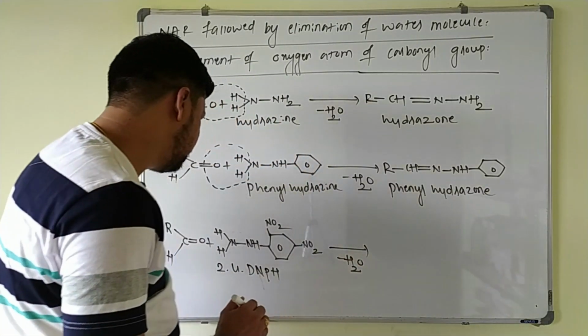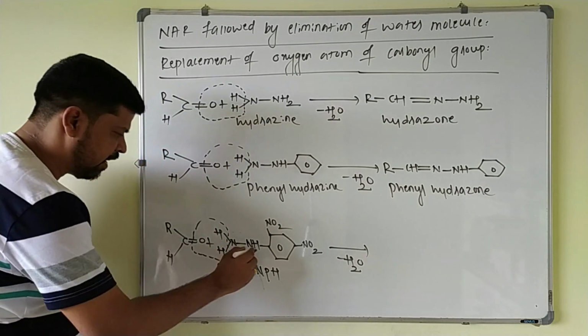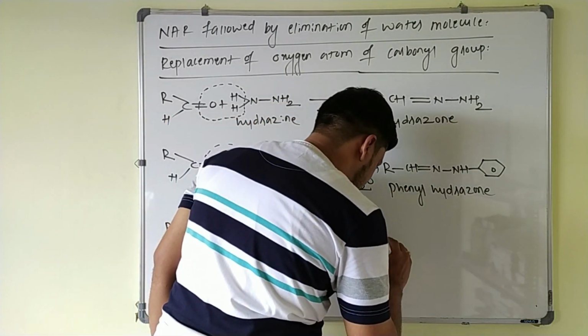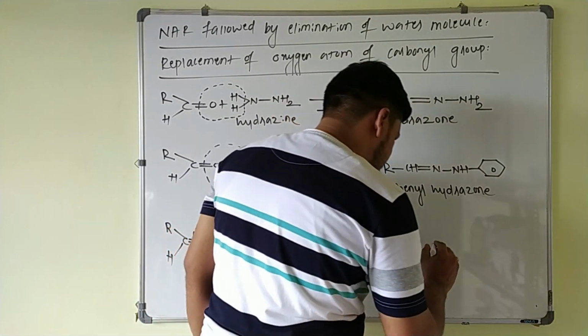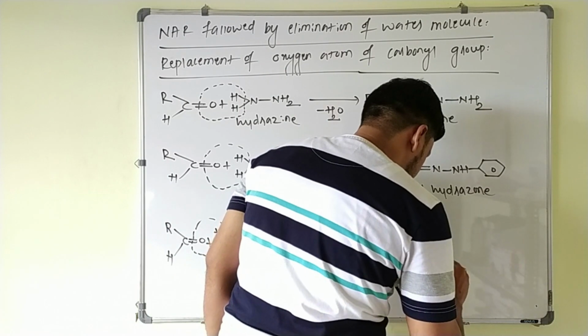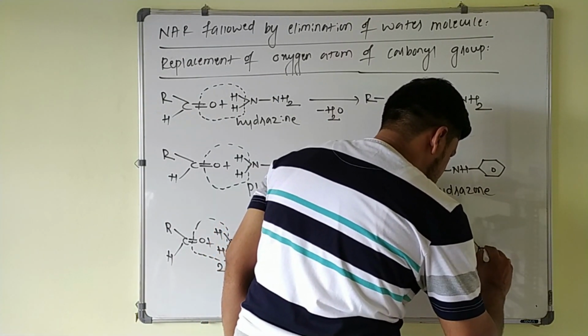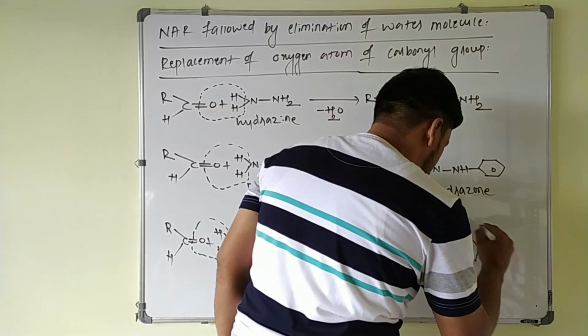Simply you have to remove the water molecule, then you connect these two with a double bond. So this will be RCH double bond NH, this phenyl group as it is, with NO2 and NO2.